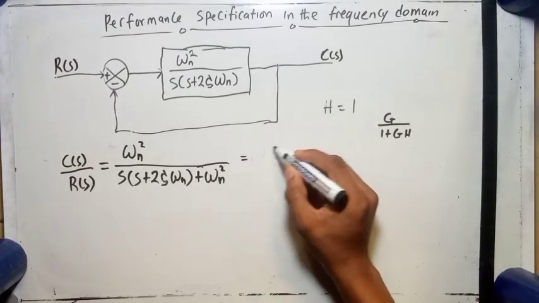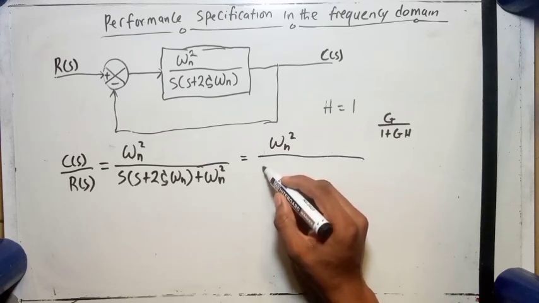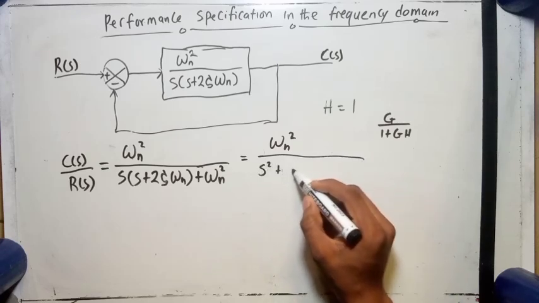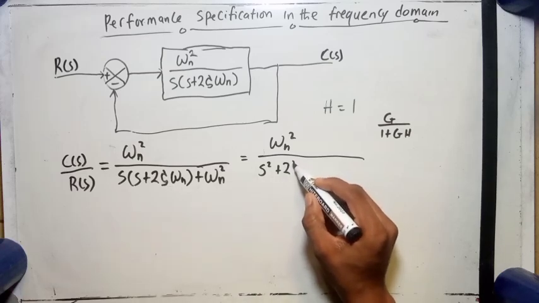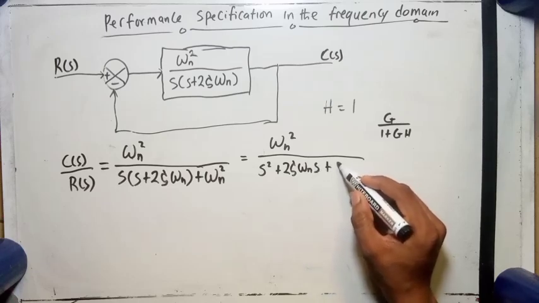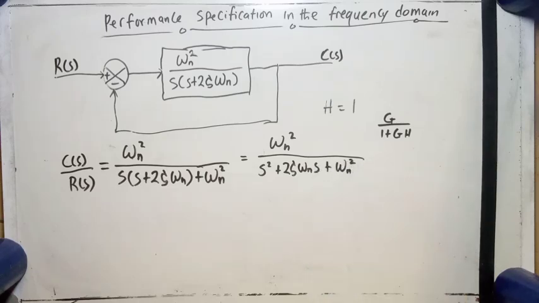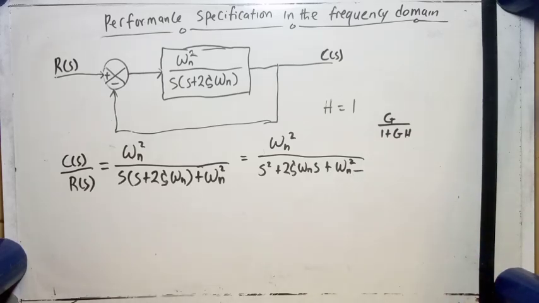Expanding this, we're going to be having Wn square over s square plus, I'm multiplying s into this bracket, 2 zeta Wn s plus Wn square. Now, before we start going into the graph, Wn represents what we call the undamped frequency, or the natural frequency.